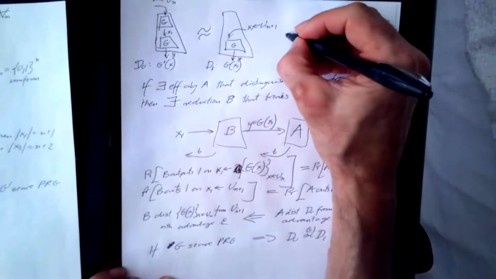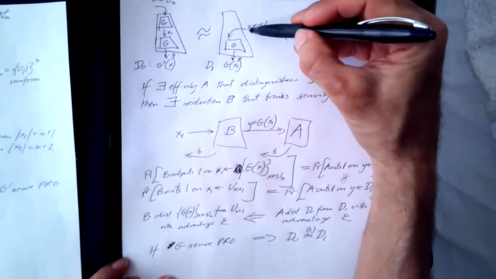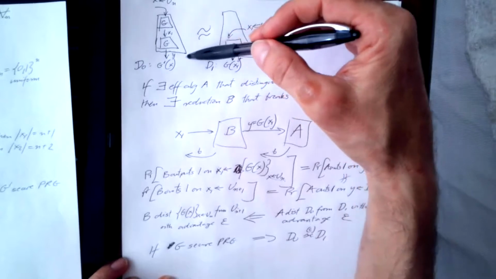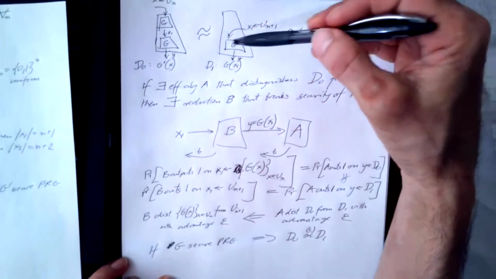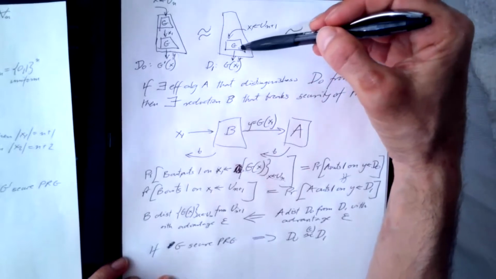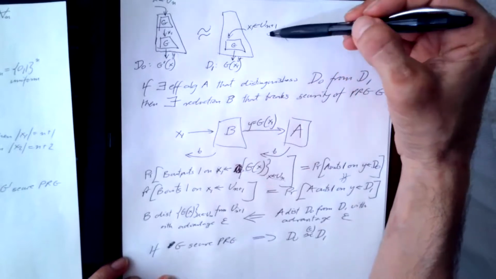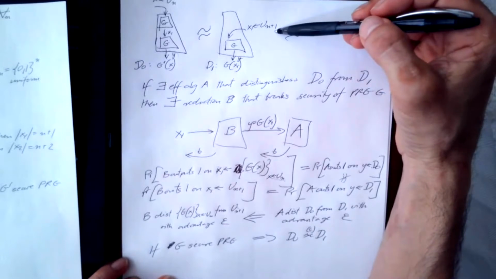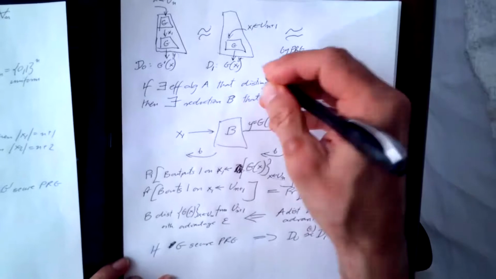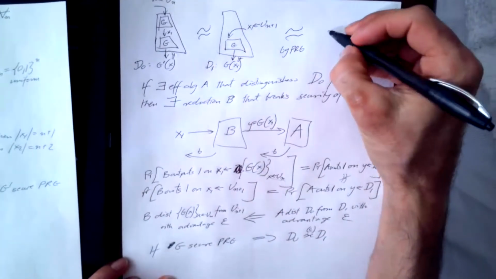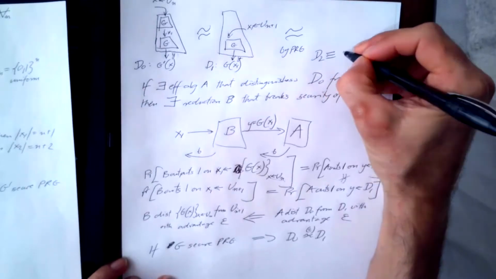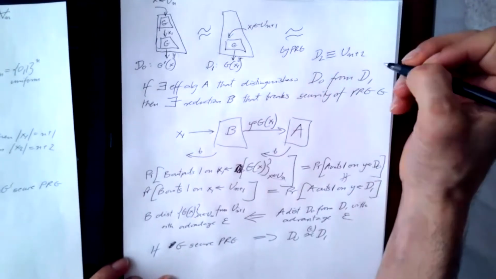And now it's a simple step, because if you know that the output of this combined G followed by G is indistinguishable from taking a random seed into the last G, just a longer seed, then by PRG security this is indistinguishable from distribution G2, which is UN plus 2, right?